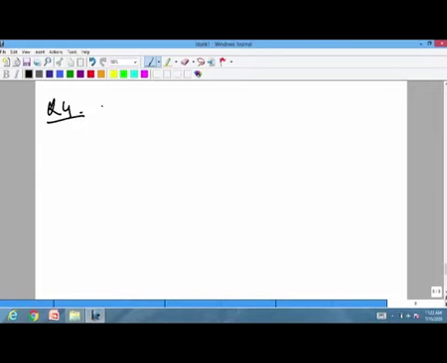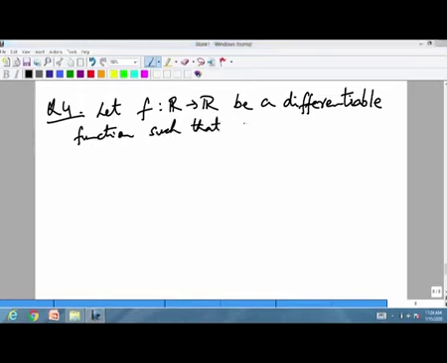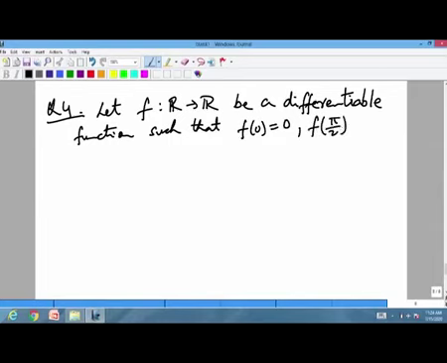The problem says: let f from R to R be a differentiable function such that f of 0 is equal to 0, f at pi by 2 is equal to 3, and f prime at 0 is equal to 1.